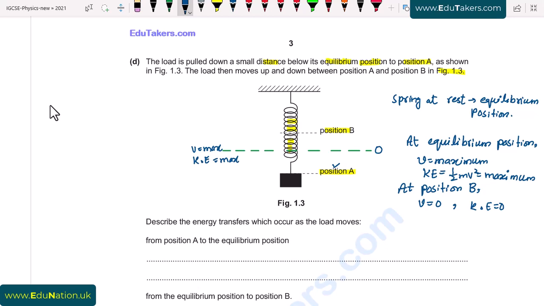So in the first question, describe the energy transfer which occurs as the load moves from position A to the equilibrium position. So at position A, all of the energy is elastic energy, because at position A the spring is extended. So here is elastic energy.